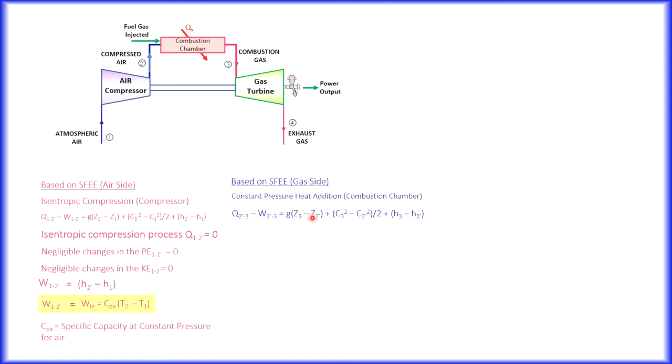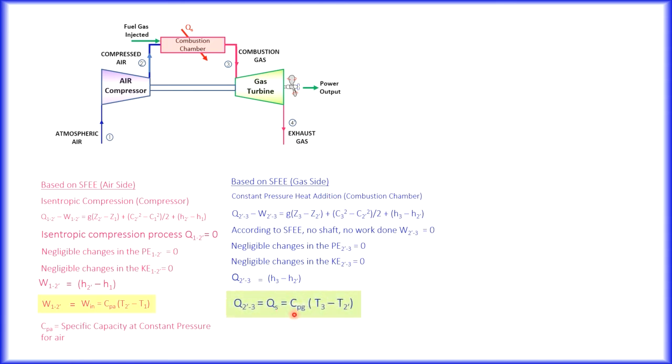So neglect work, neglect potential, neglect the specific change of kinetic energy. So you would have the heat equal to the change of enthalpy here. You can also convert this to CPG, T3 minus T2 prime, since it is gas side. So better take note, this is CPG and this is CPA.